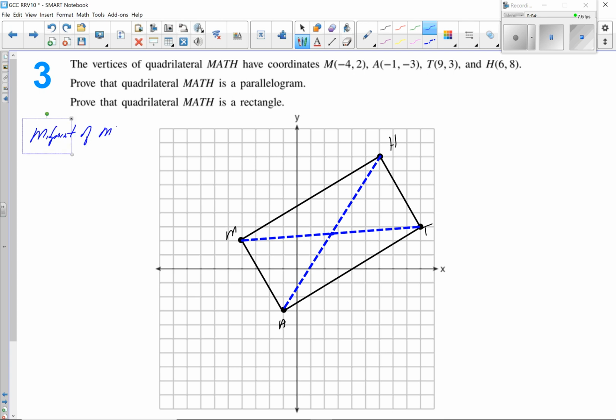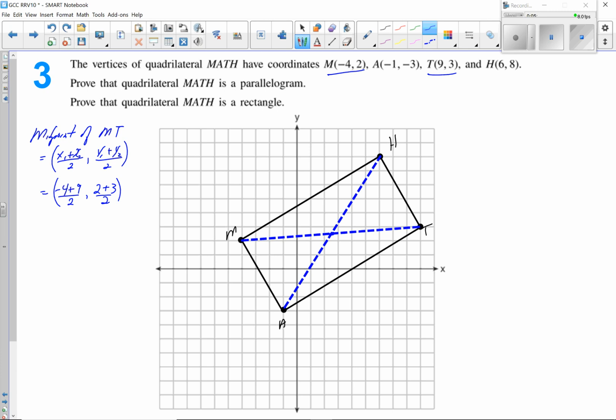So the first thing I'm going to do is find the midpoint of, let's start with MT. The key for these questions is organization. The more organized you are, the better you're going to be. So for the midpoint of MT, the midpoint formula is x1 plus x2 divided by 2, y1 plus y2 divided by 2, and since it's a coordinate, it's in parentheses. In this first example, I'm dealing with M and T. So I've got negative 4 plus 9 divided by 2, and the y's would be 2 plus 3 divided by 2.